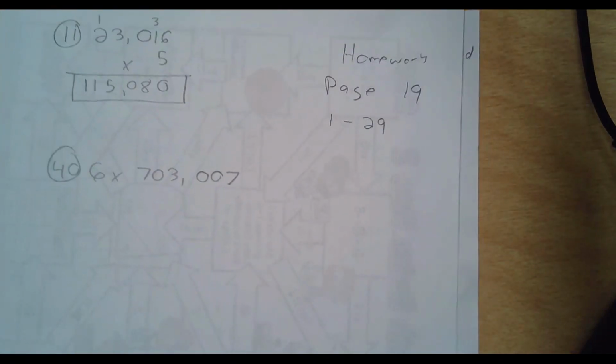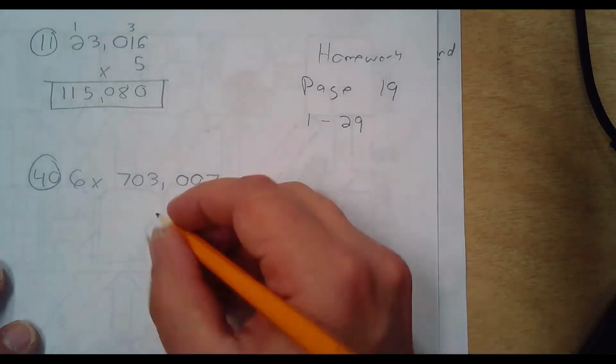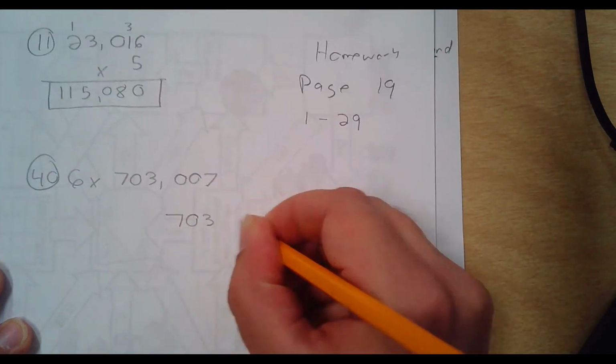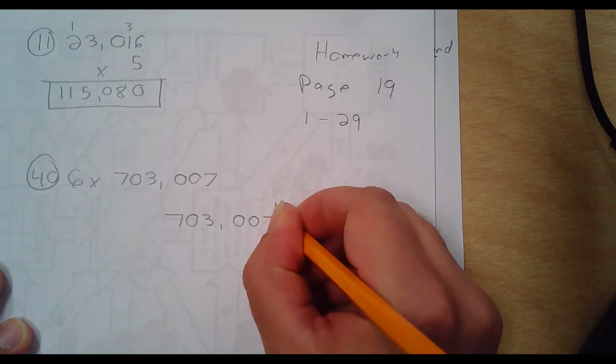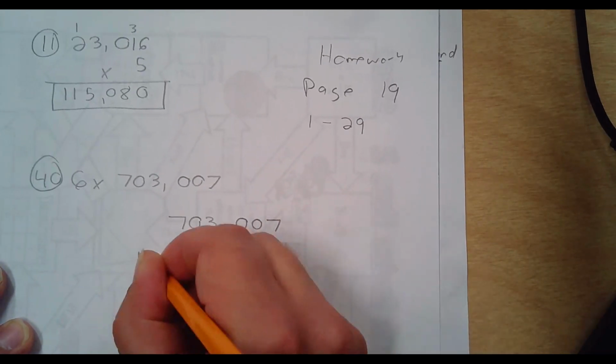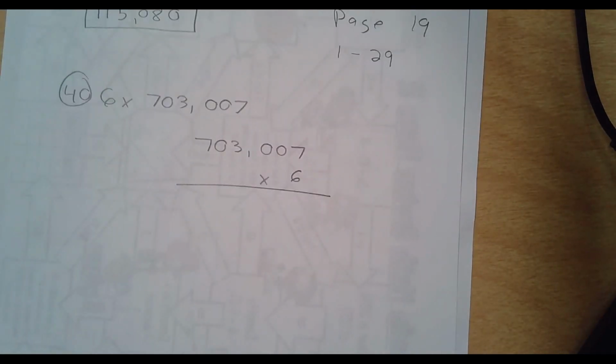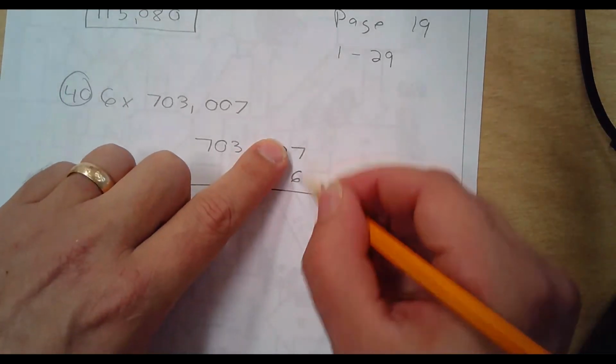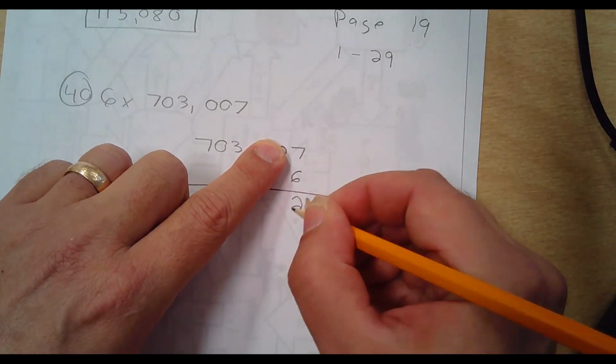Okay. Number 6, you want to rewrite it like this. That's what your first move should be. And same process. 7 times 6 is 42. So there's a 2.